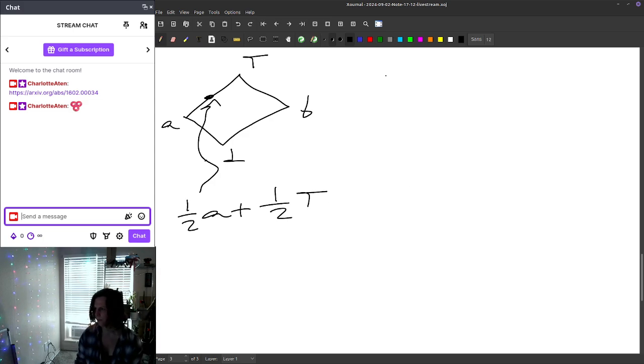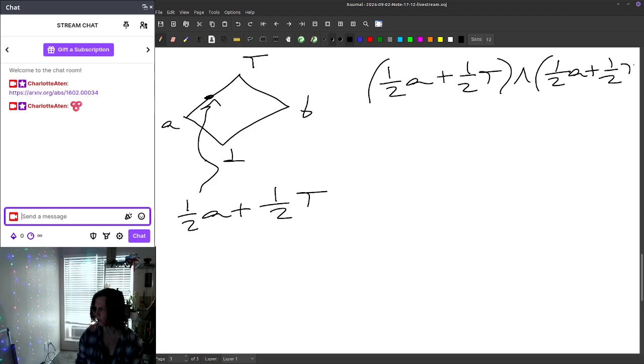Well, let's see. If I have 1/2 A plus 1/2 times the top thing, and I wanted to take the meet of that with itself, well, I haven't really defined how to do this on these convex combinations, but let's do what might seem like the obvious thing and try to make this bilinear.